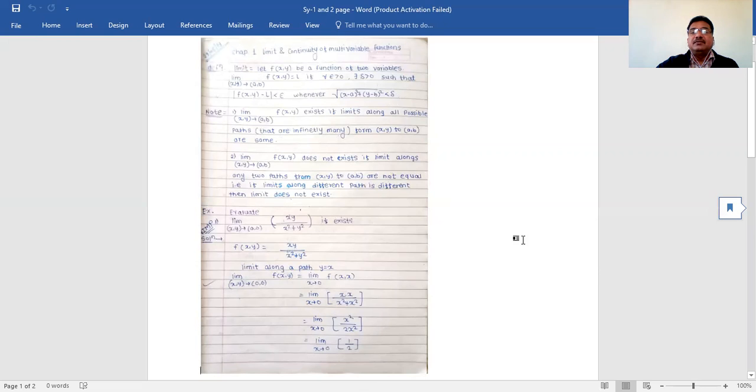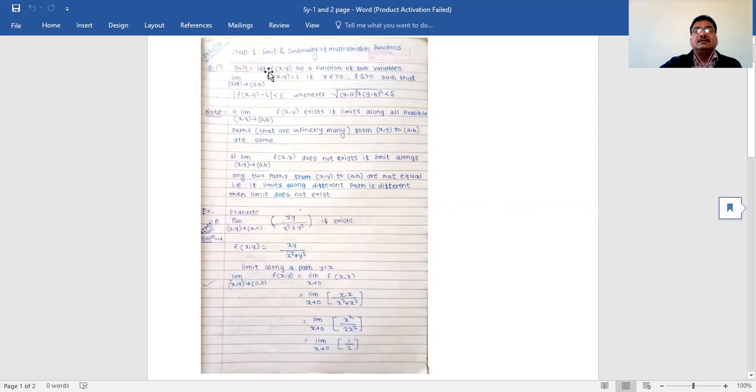So we say the limit of the function exists if the limit along all possible paths, which are obviously infinitely many, from (x,y) to (a,b) are equal. In the previous year in F.Y.B.Sc., what is the definition of the limit of a function of one variable?